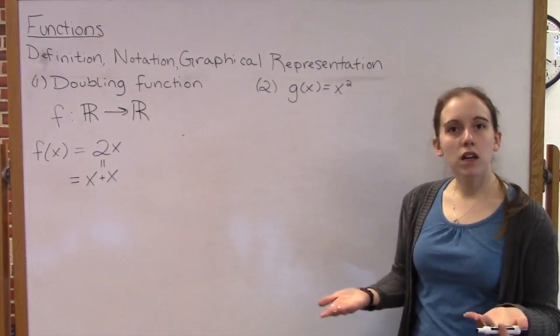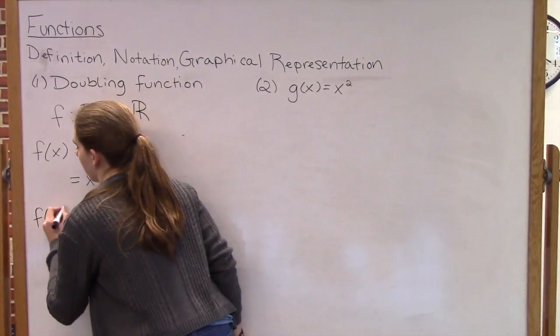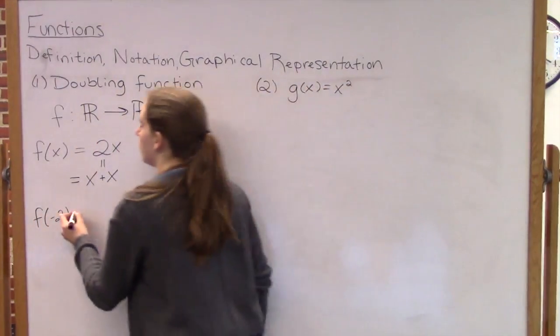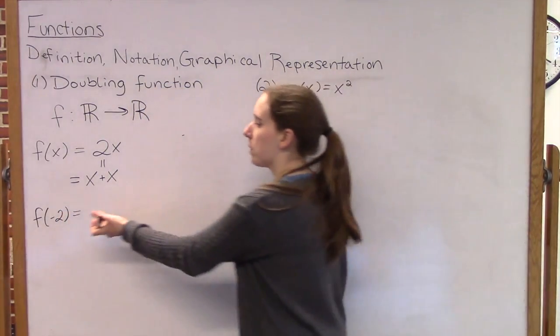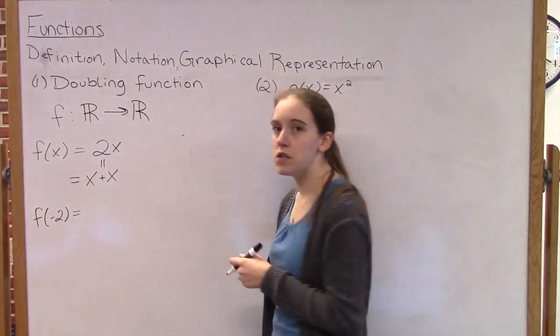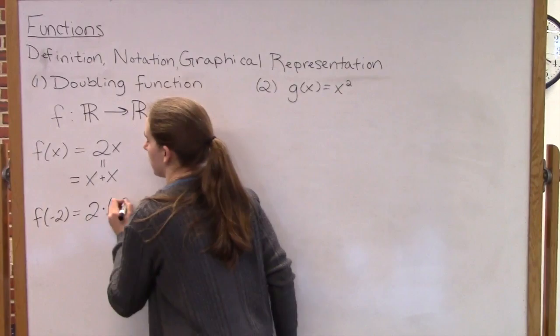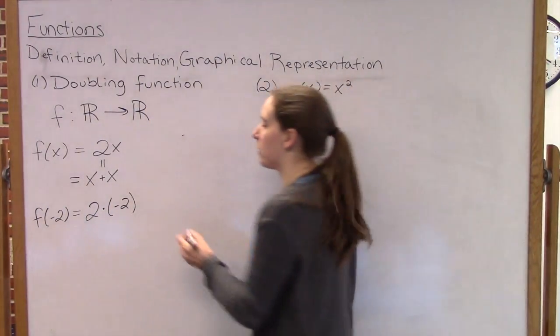So now that we have argument notation for the doubling function, I can write things like this, f of negative 2, and you'll know exactly what I'm talking about. f of negative 2 is going to be, what we're going to do is substitute in negative 2 for x. So we have 2 times negative 2. Well, that gives me negative 4.